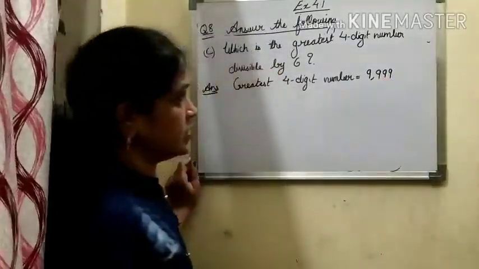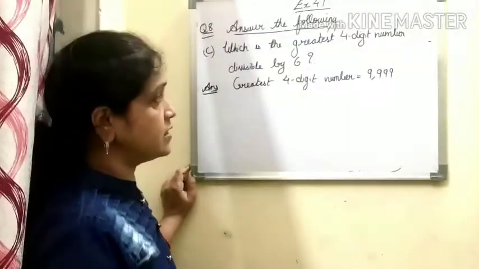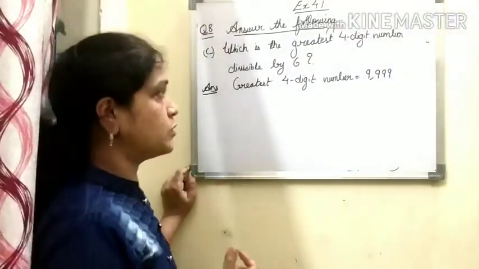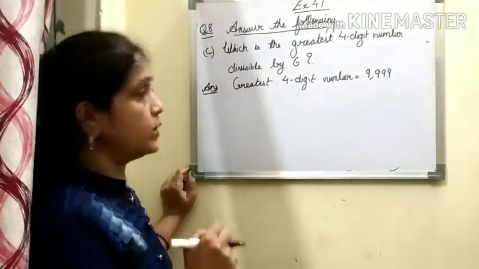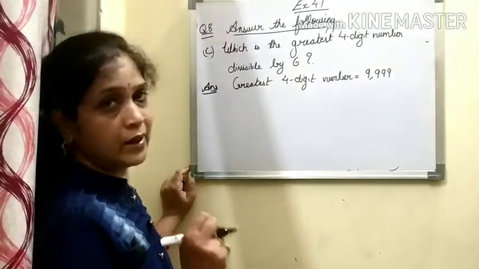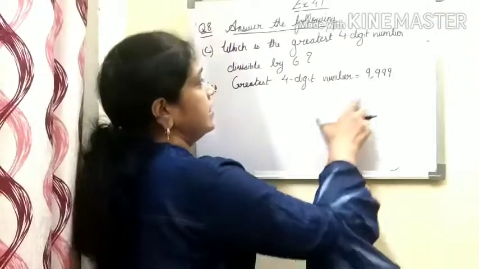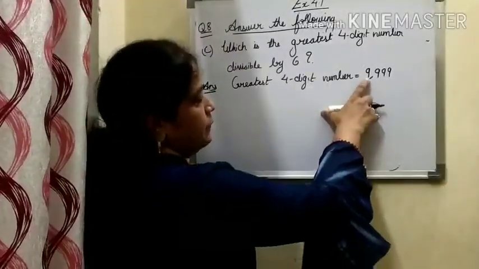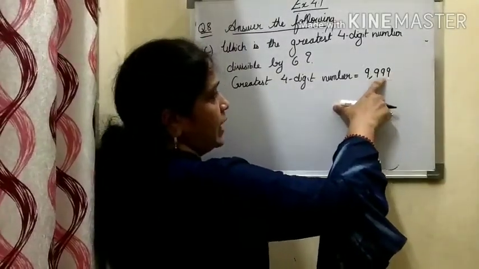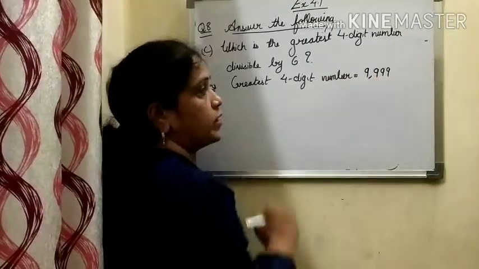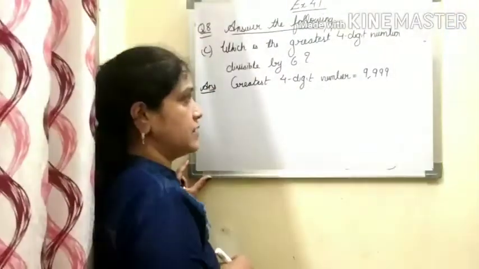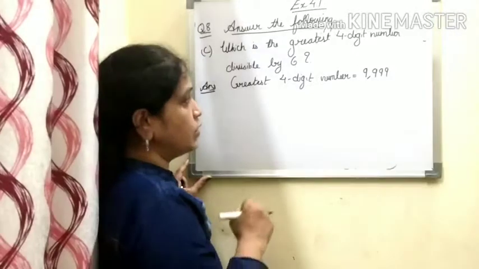Now see the ones digit. Ones digit is 9. Will this number be divisible by 2? No, because we know that numbers have to end with 0, 2, 4, 6 or 8. So this number is not divisible by 2. And is this number divisible by 3? If you find the sum of the digits, what will it be? 9 plus 9 plus 9 plus 9 becomes 4 times 9, that means 36. Yes, it is divisible by 3, but not divisible by 2.